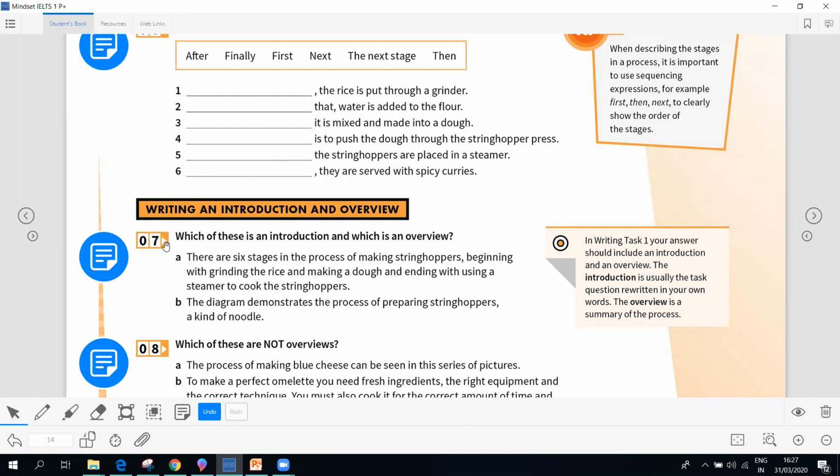Okay. So in task 7, you need to find out which of these is an introduction and which is an overview. Pause the video, read A and B, and note down your answers. You can complete the task on Moodle.